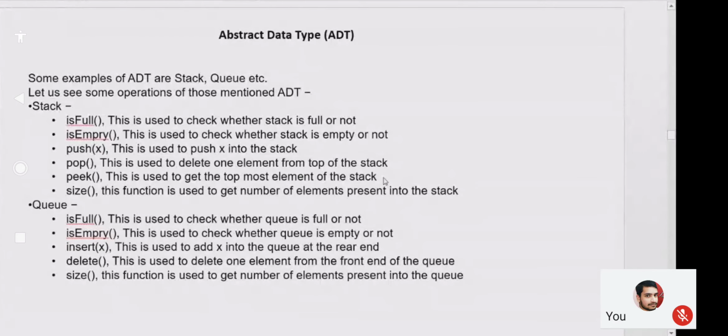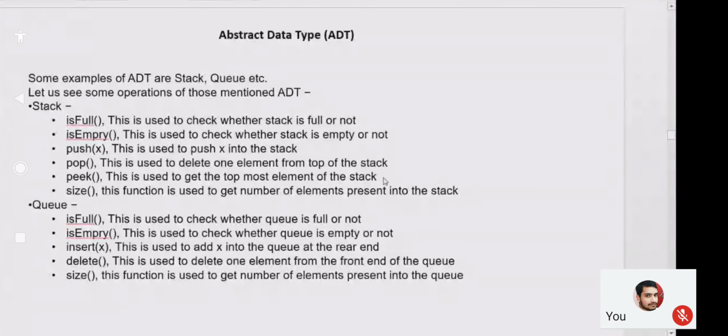If this is a mathematical model, then we can say it's an ADT. But suppose you have already implemented some function, like linear search, and I think binary search also.